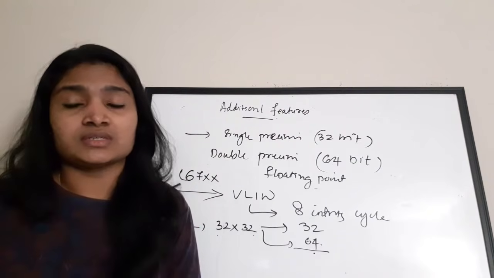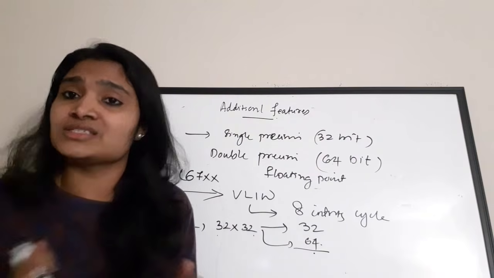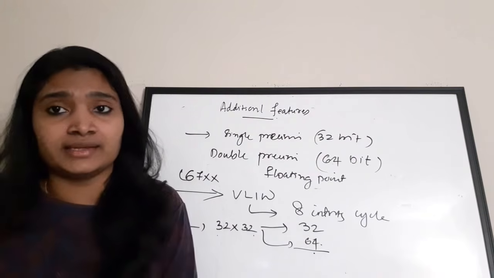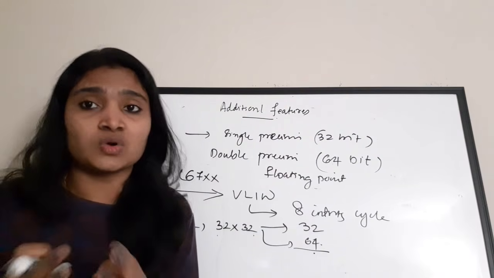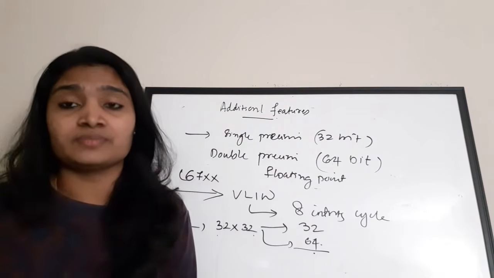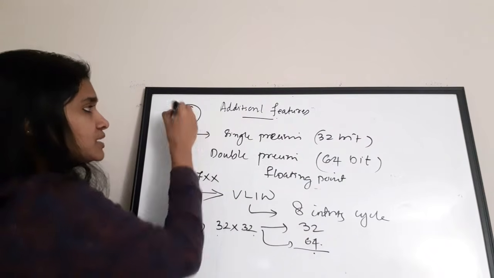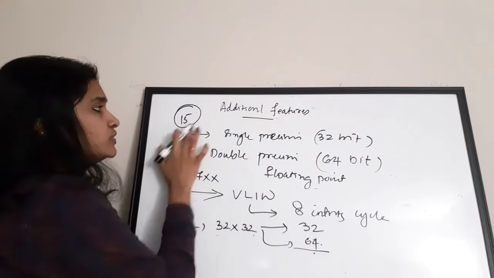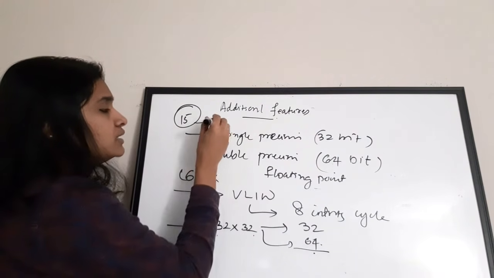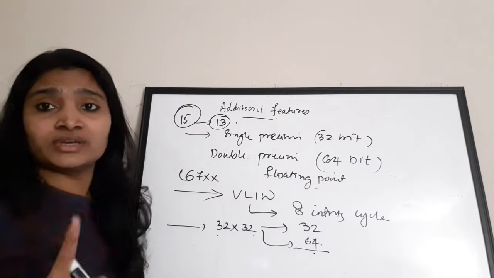These are some features of the C67XX DSP processor. If you are writing this in your examination, first draw the figure neatly, because if the figure is correct you get more than half of the marks. Normally the question is asked for 15 marks or at least 10. If it is 15, you can get up to 13 marks if the architecture figure is correct.